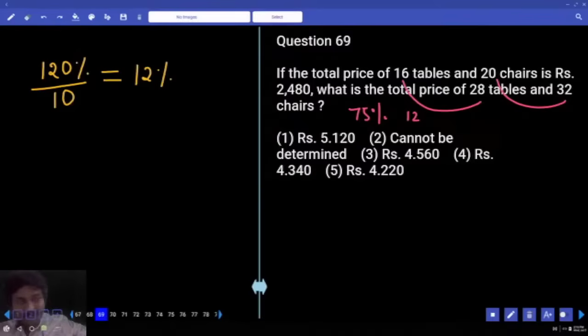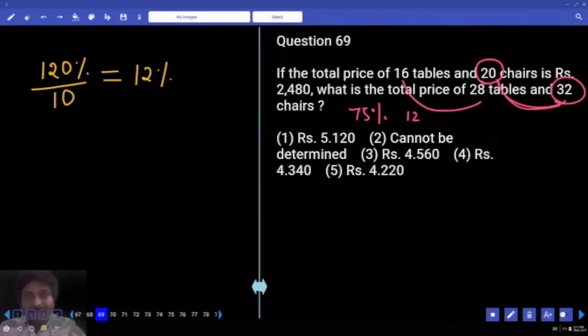Are you okay? How many chairs are there? If chairs increment is also 75%, then we can increase the total price by 75%. Initially 20 chairs are there, but finally they are asking about 32 chairs.